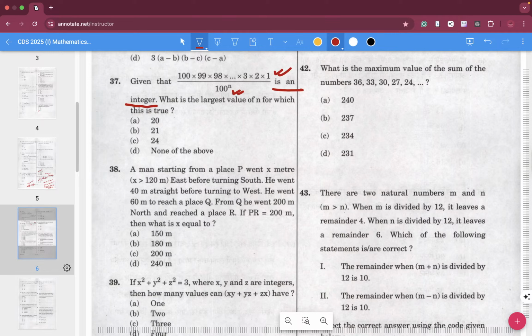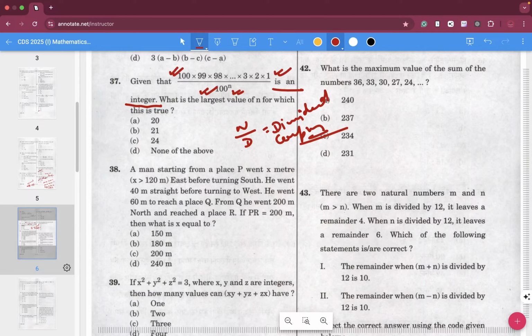What do you mean by this being an integer? It means the numerator is divided by the denominator completely, isn't it? Is that what we mean over here?